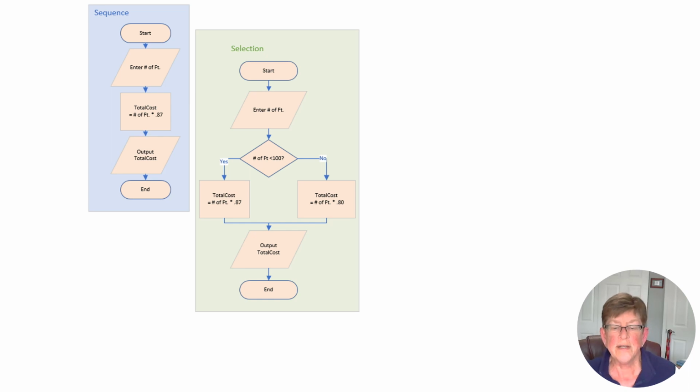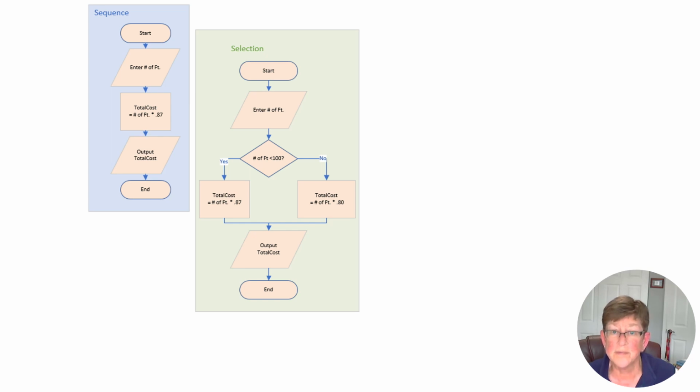Now the scenario changes to having different prices for different lengths of cable. So for that change, we'll use a selection structure. Take a look at the second flowchart. As you can see, it starts off the same as the first one. Once the user inputs the lengths, however, we get to a decision element. Is the number of feet less than 100?